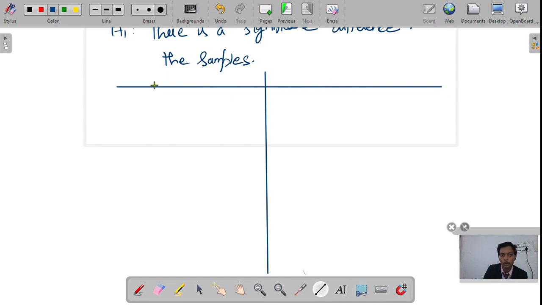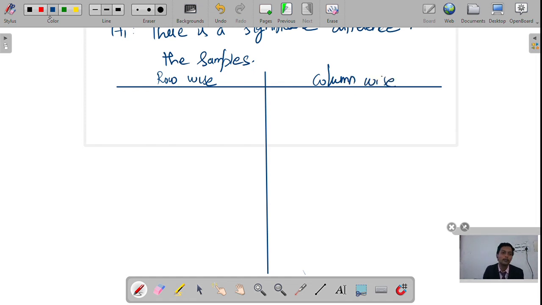Here we are going to discuss the problems in the row wise, and here the problem in the column wise.